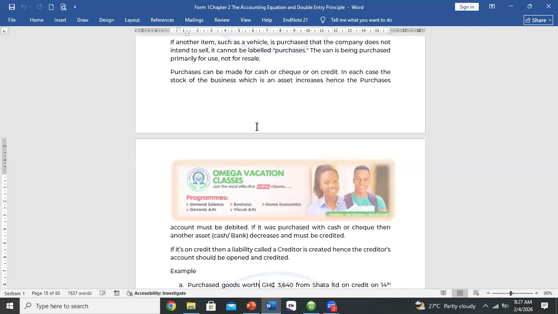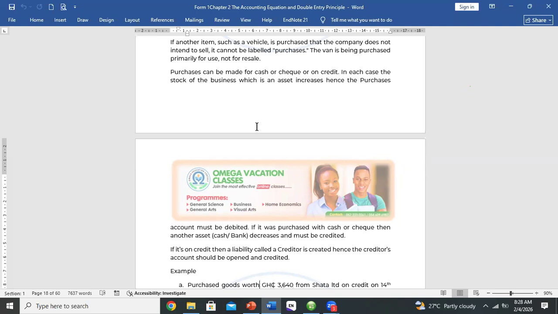Now, just like the opposite of sales, purchases will bring in more goods or stock. So this time the stock would increase. When stock is increasing, an asset is increasing, so you need to make a debit entry. This debit entry, we do it in the purchases account.